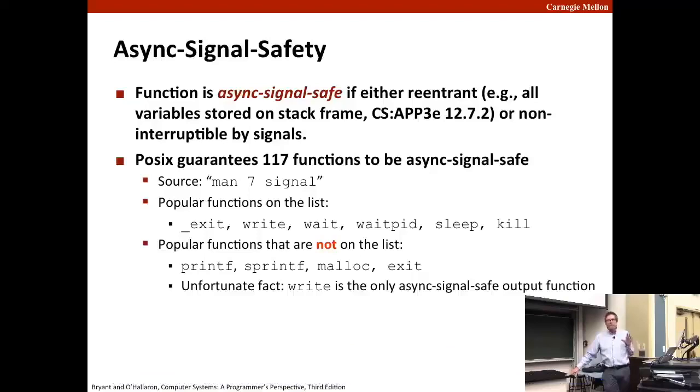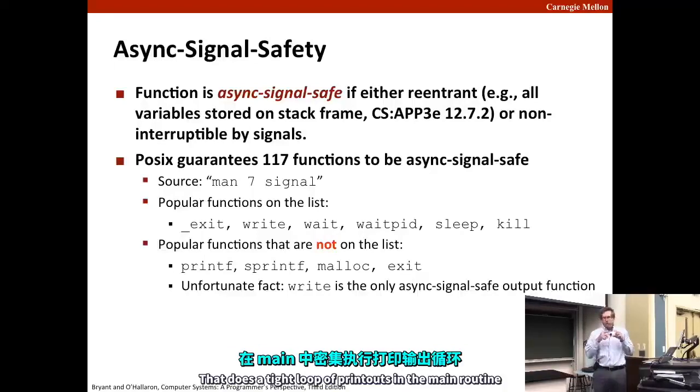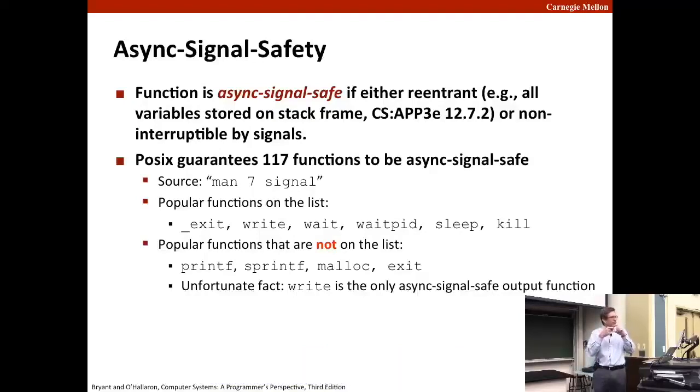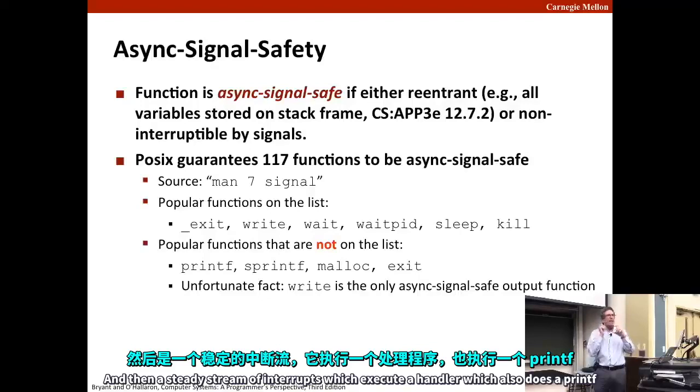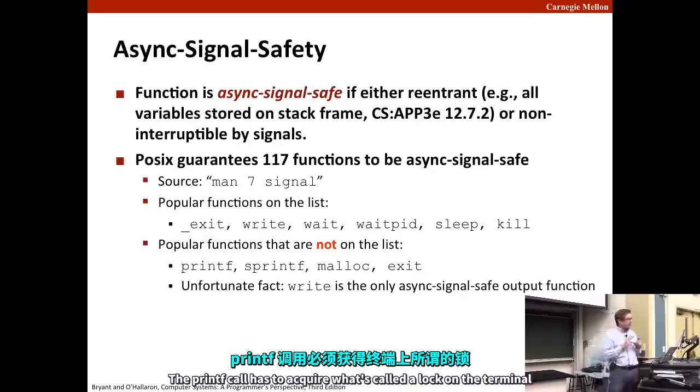In fact, it's possible to write a program that does a tight loop of printfs in the main routine, and then a steady stream of interrupts which execute a handler which also does a printf. Now, the printf call has to acquire what's called a lock on the terminal.